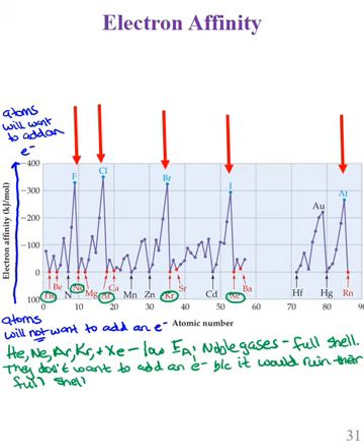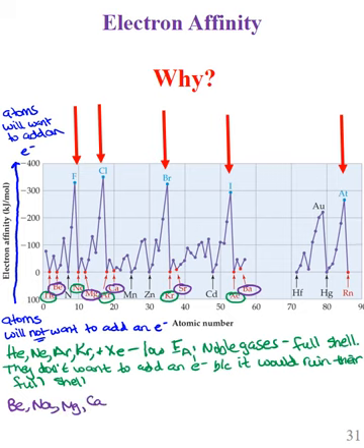Okay, now let's look at these other ones. Let's say beryllium, calcium, magnesium, strontium, and barium. We would notice if we looked at this figure that these also have a low electron affinity.